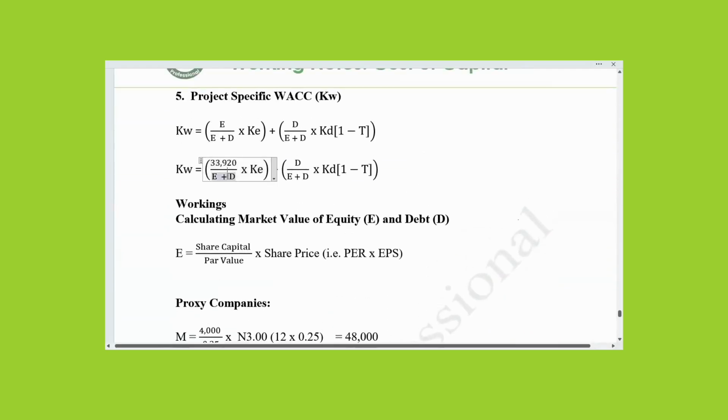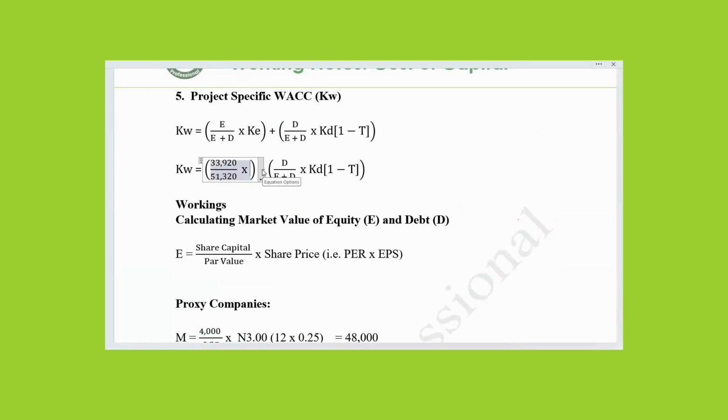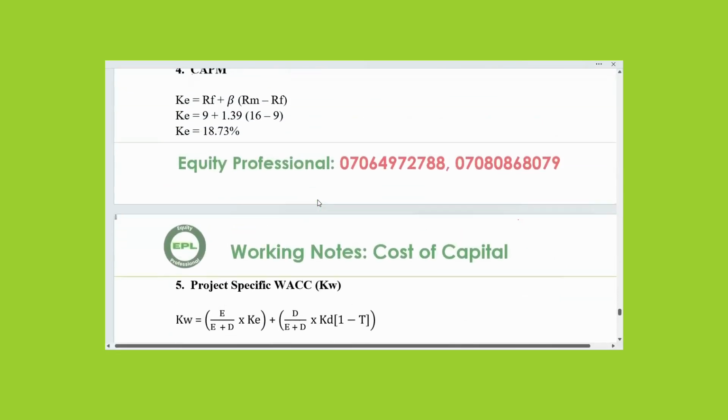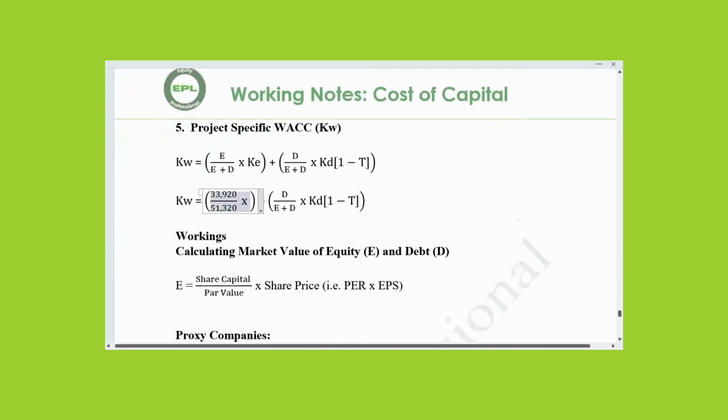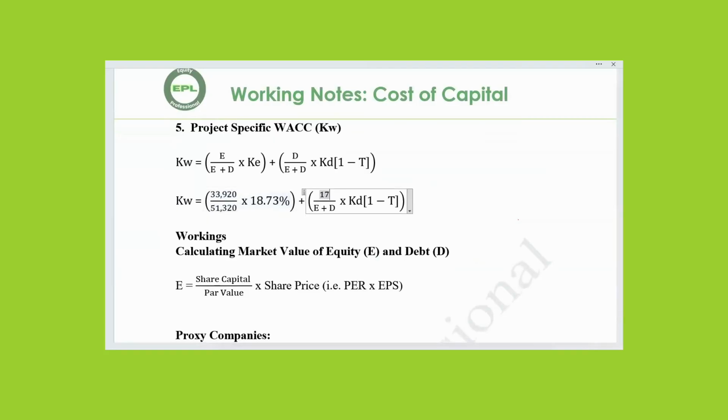So I will then come here. 51,320 plus cost of equity. Cost of equity, we have calculated it in step 4, 18.73. Then value of the debt of Kilimanjaro is 17,400 divided by total value, which is 51,320. Then cost of debt.